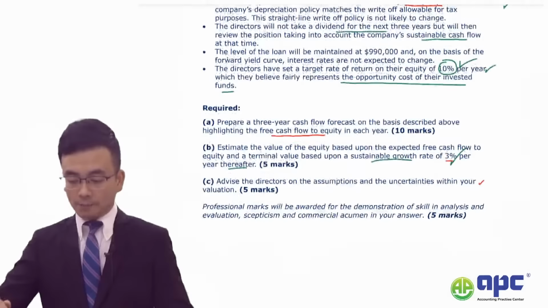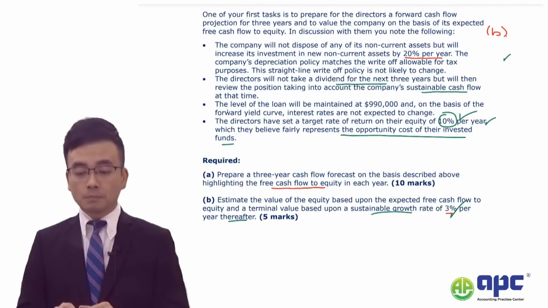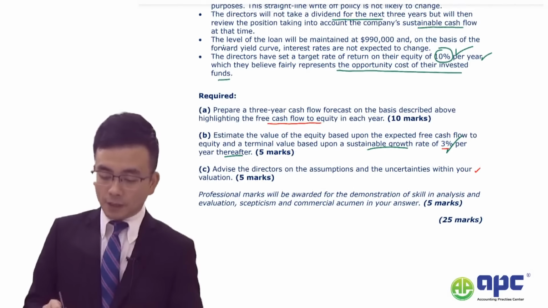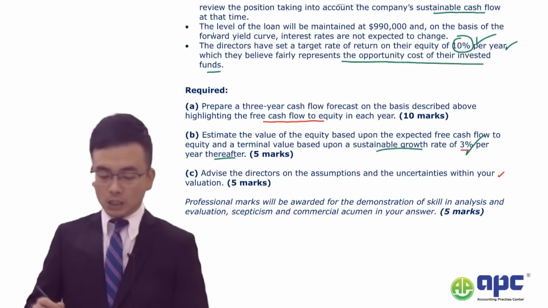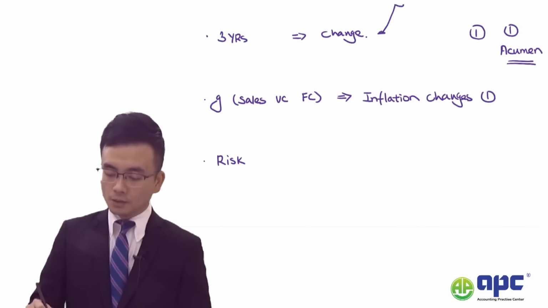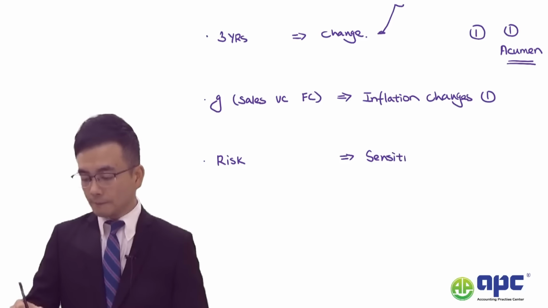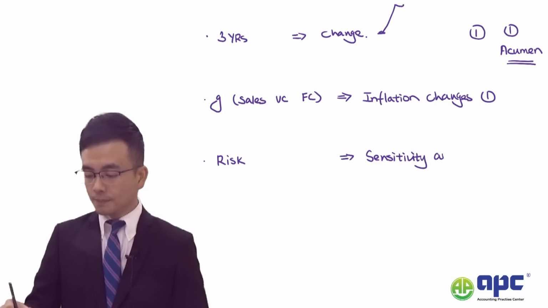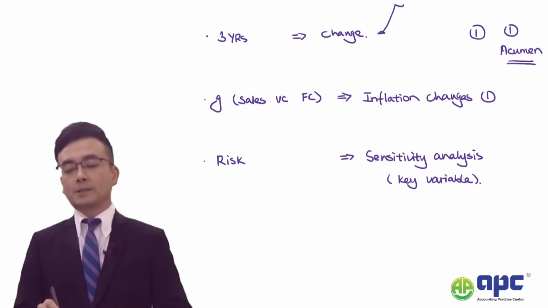Now, finally, because we're told about the value of equity based on the expected free cash flow, as I said before, we'll also need to consider the risk attaching to it. So that's why you can use sensitivity analysis to identify the key variables.